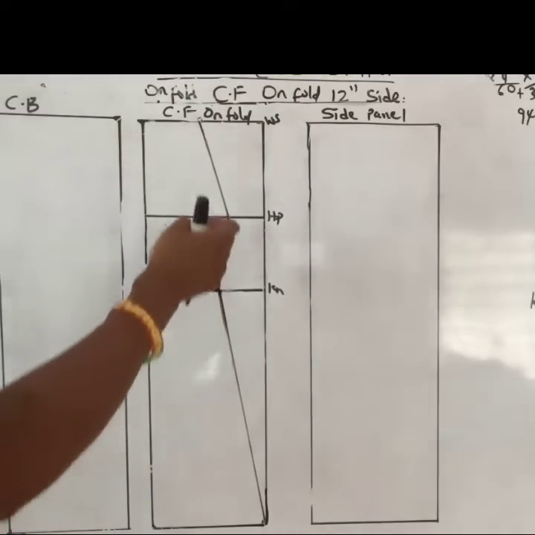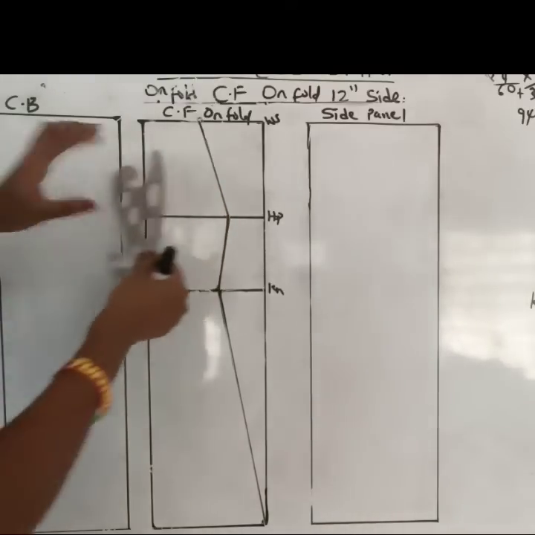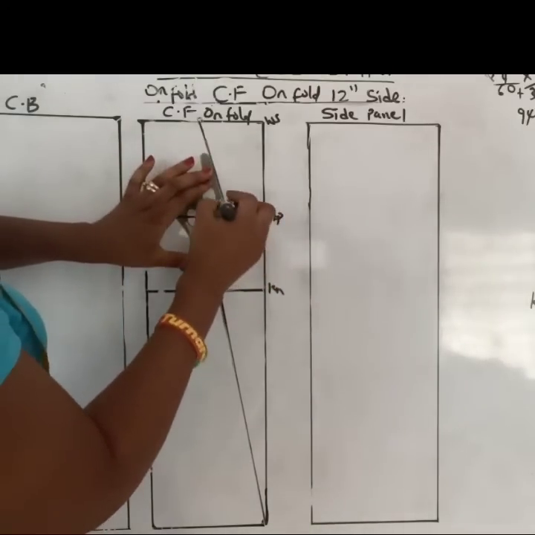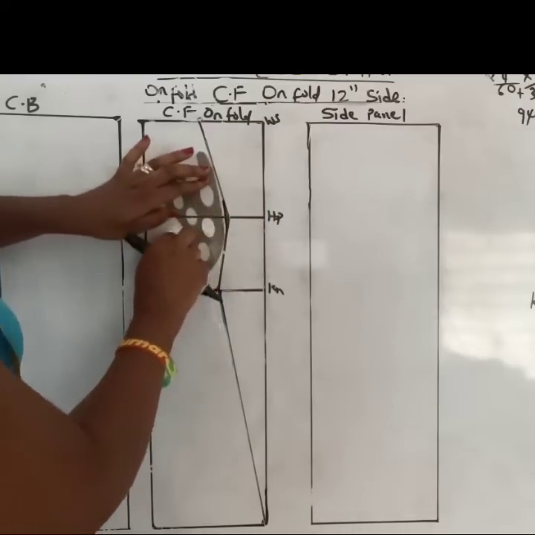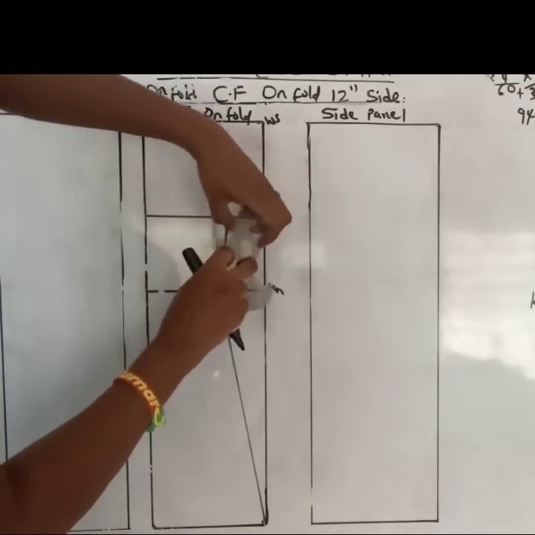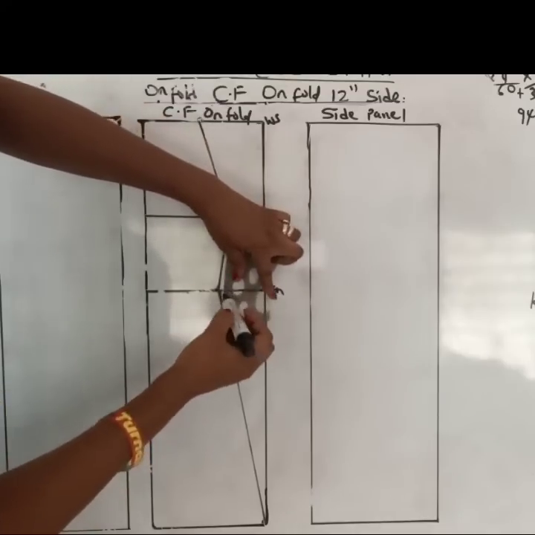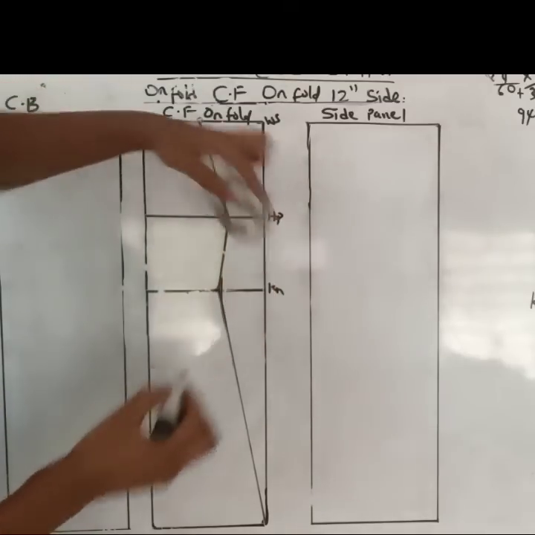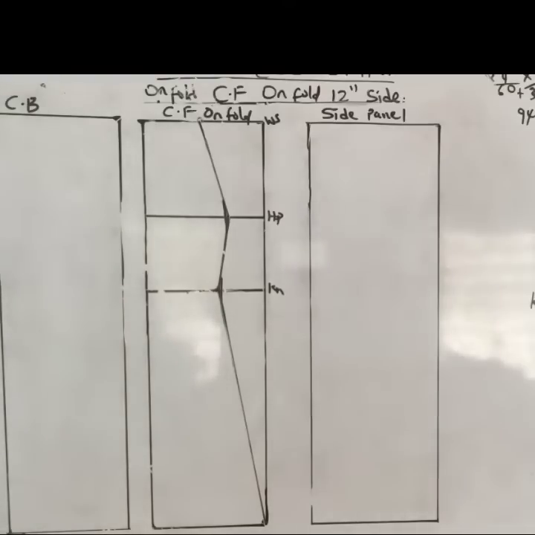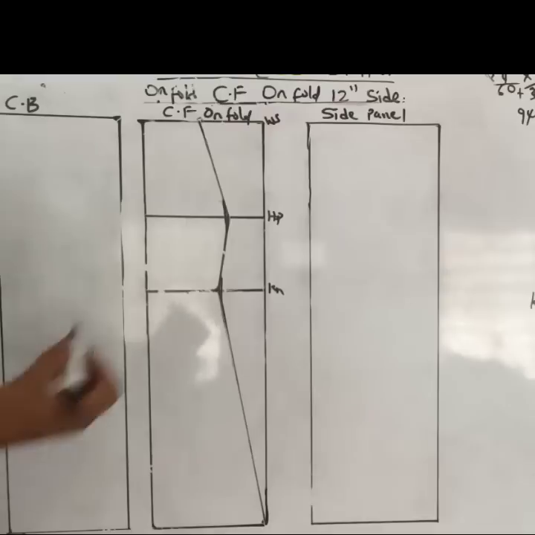And then you blend out these sharp corners using a French curve, or you can use your freehand. You don't want to have any false hip. The same thing with the knee area, you also blend that out. So this is the center front.